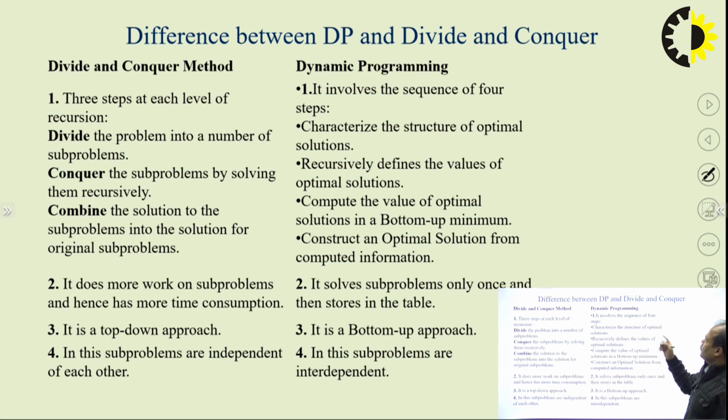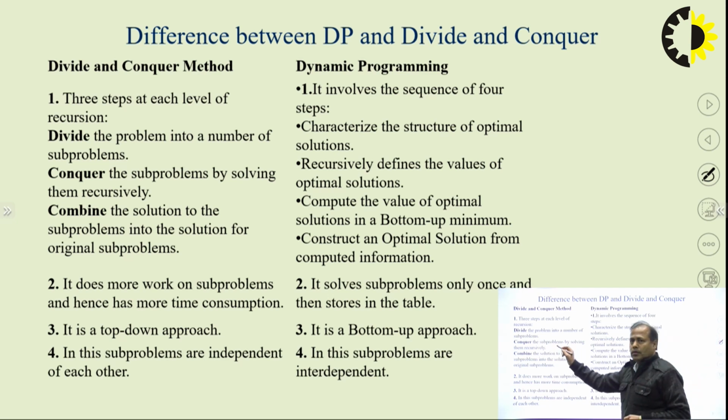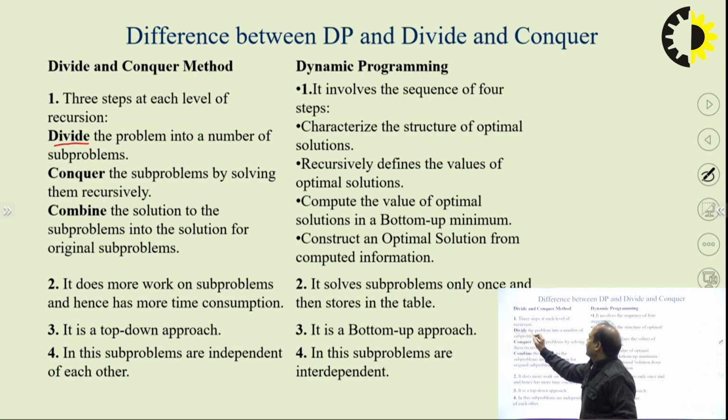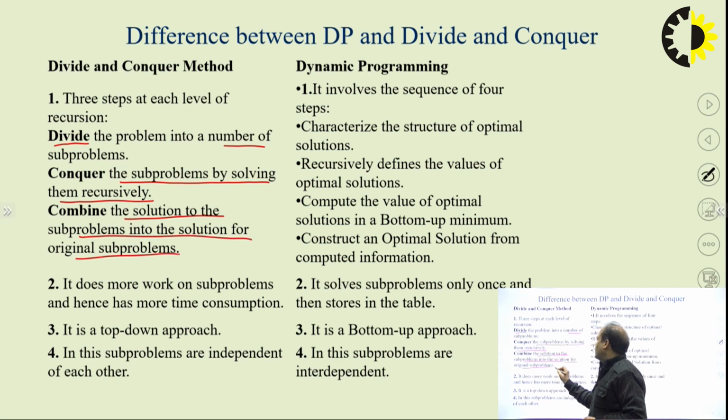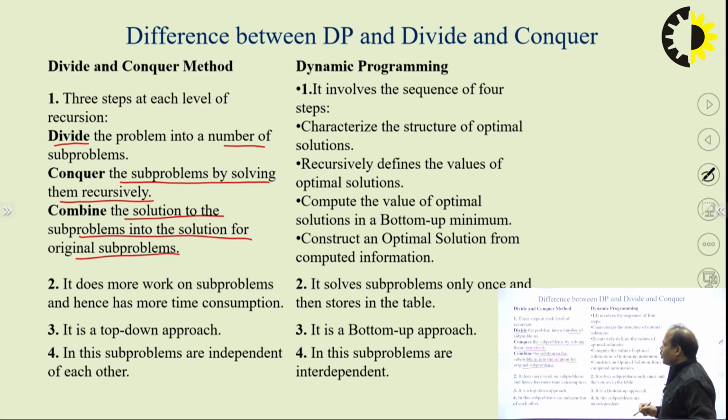So here is the difference between dynamic programming and divide and conquer. The divide and conquer method has 3 steps at each level of the recursion. First, we divide the problem into a number of subproblems. Then we conquer the subproblems by solving them recursively, and then combine the solutions to the subproblems into the solution of the original problem. Here the subproblems are not dependent.